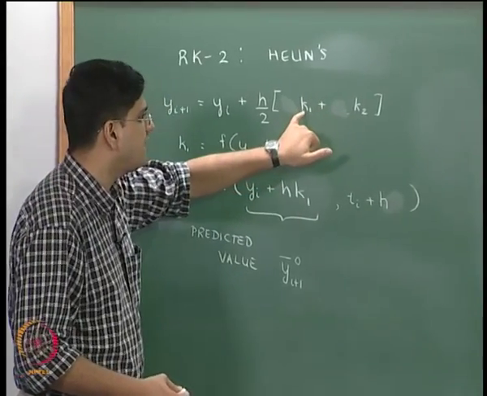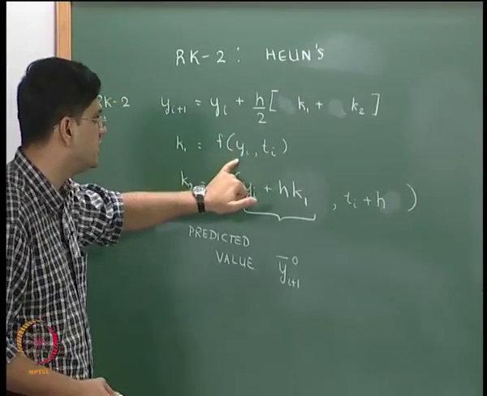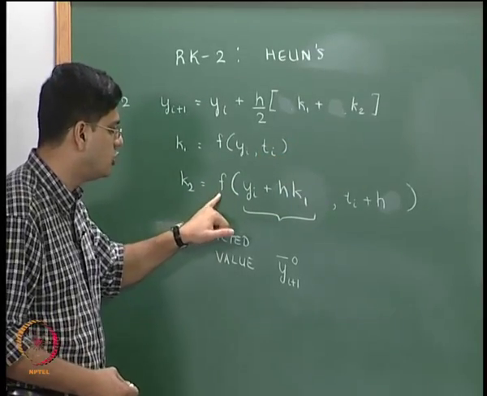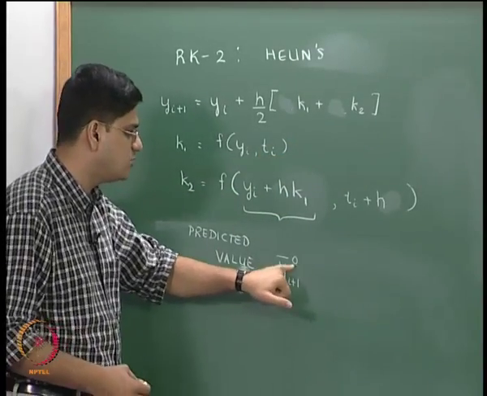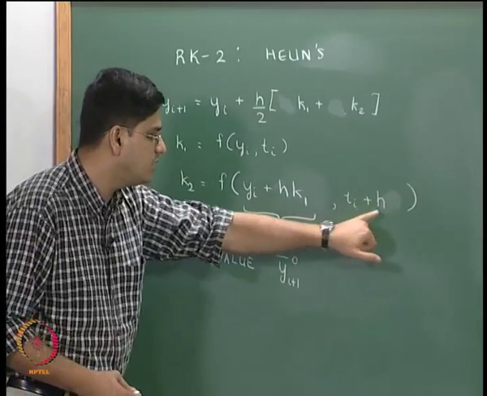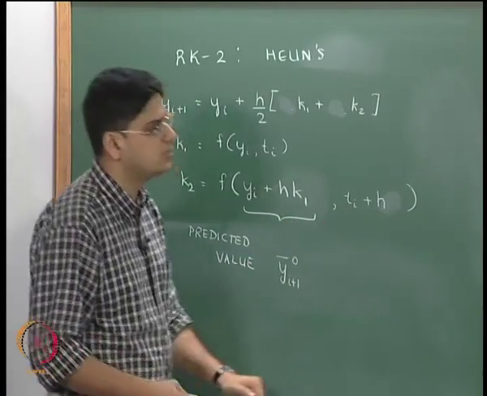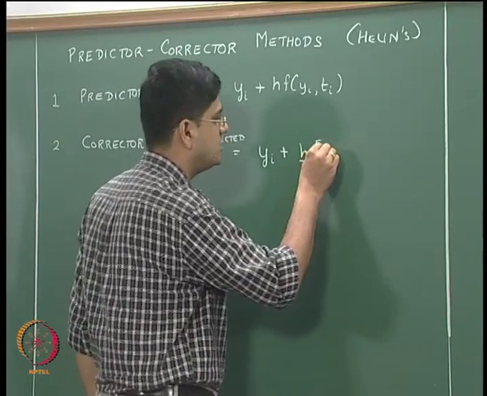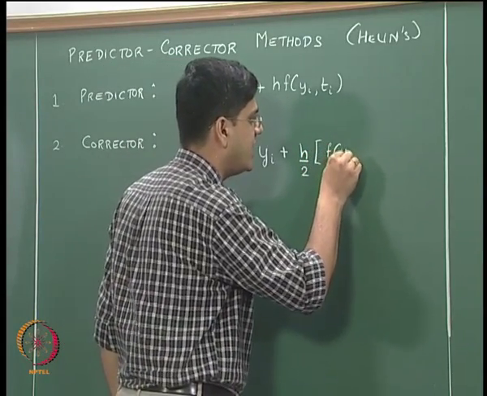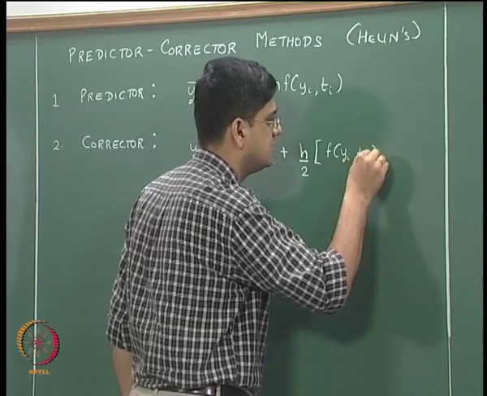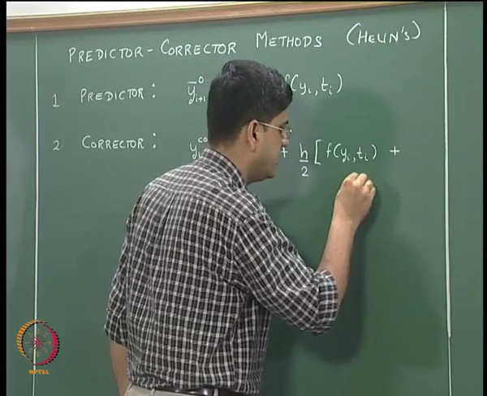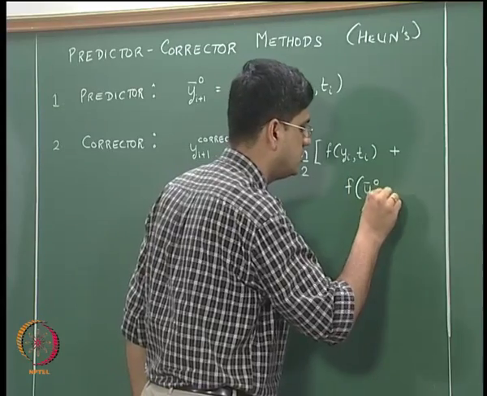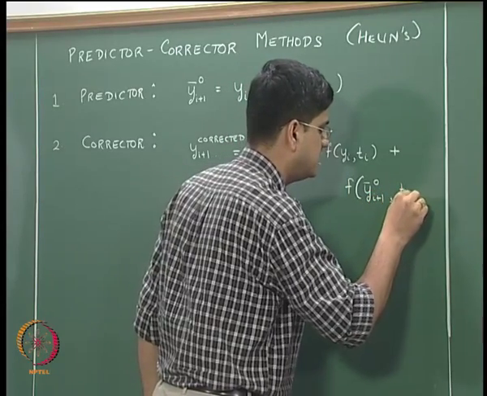What is k1? k1 is the slope computed at y i, t i. What is k2? k2 is the slope computed at y bar i+1 superscript 0 and t i+1. So, I will write that down: h by 2 multiplied by f of y i comma t i plus f at y bar i+1 superscript 0 comma t i+1.